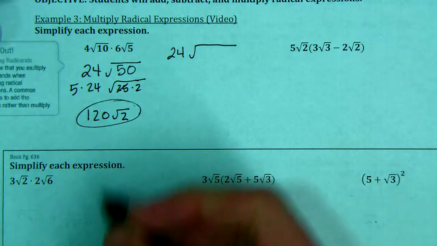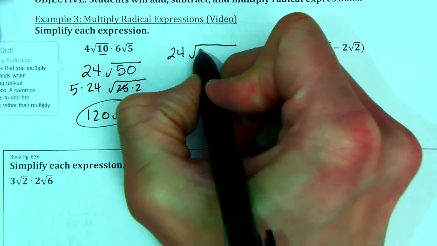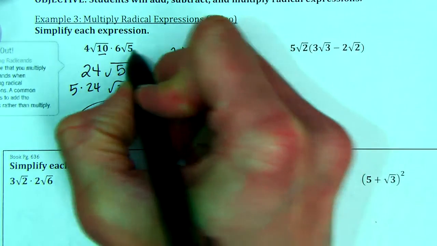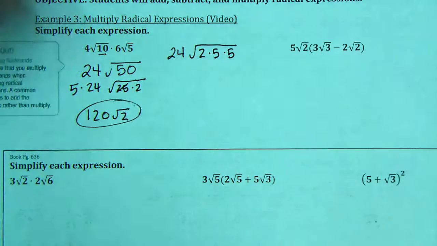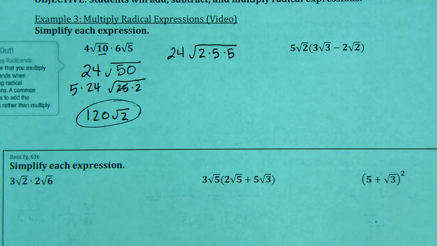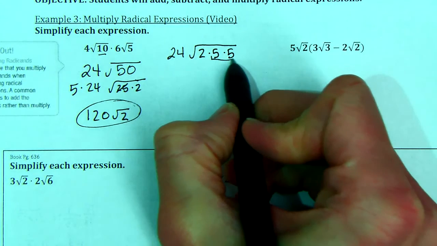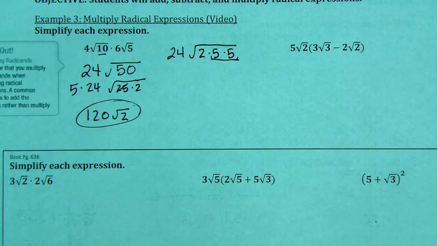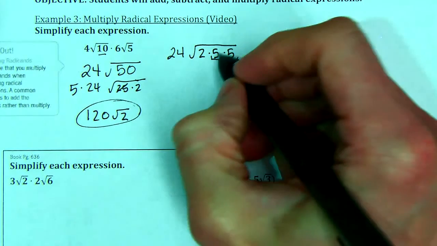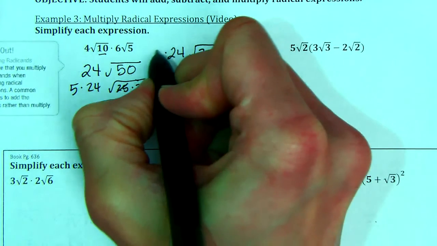Why do I do that? Because when I see a pair of numbers in here, I know that 5 times 5 is going to give me 25. And essentially, when I take the square root of that, I'm going to get 5 out here. So it does save me some time. But I'm really good at factoring down my numbers quickly.